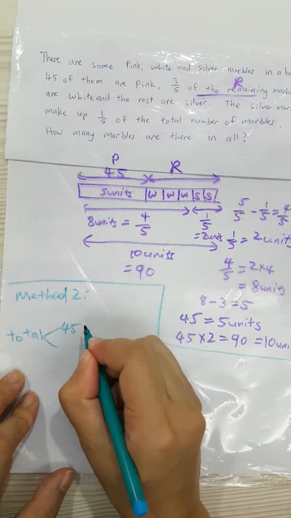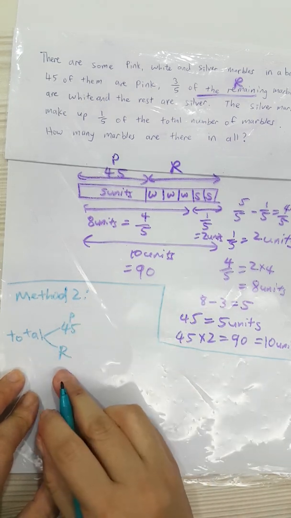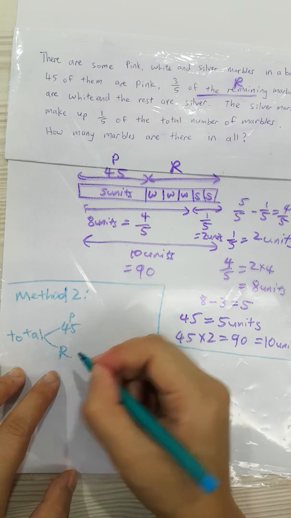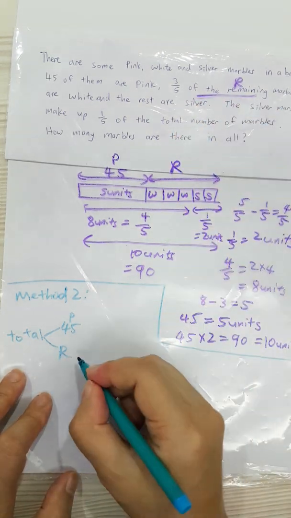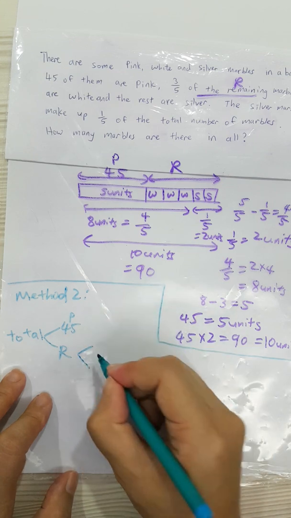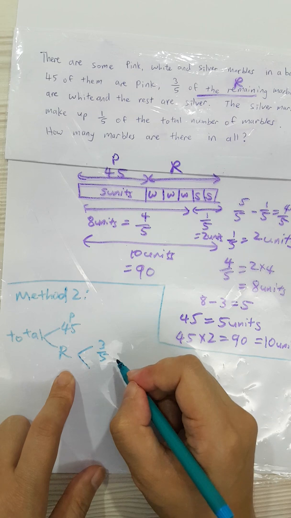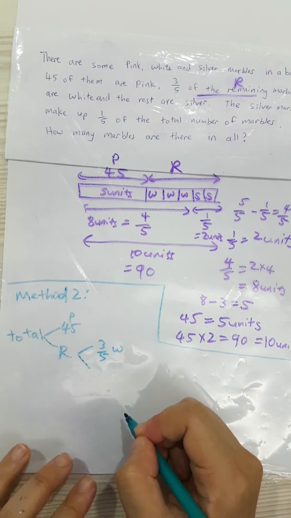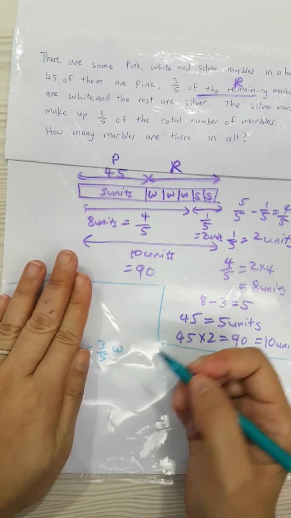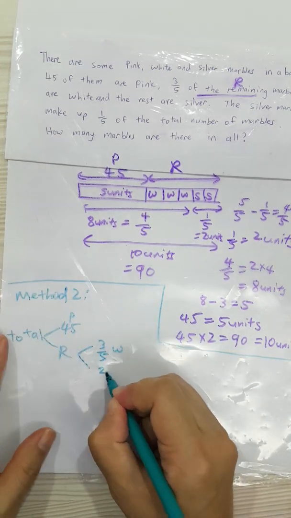45 of them are pink, so I put here P for pink, and then R for remaining, or the remainder. Now, because it says of the remaining marbles, I have to branch out again. So 3 out of 5 of the remaining marbles are white. So I put W for white, and then the rest are silver. So if I cover this, 5 out of 5 minus 3 out of 5, it will be 2 out of 5.